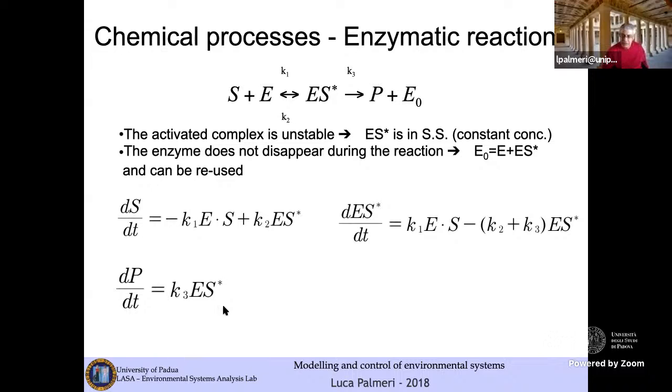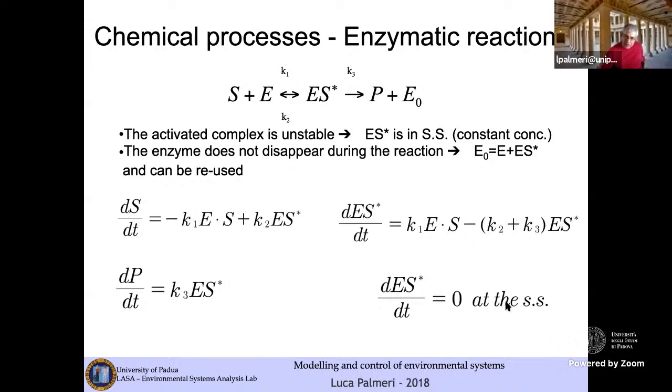We understand this is exactly three applications of the law of mass action to these three reactions, described by the constants K1, K2, and K3: the reaction of activating and deactivating the complex, and the third reaction, that of transforming the activated complex into a product. So this is a very general model employed for describing enzymatic reactions.